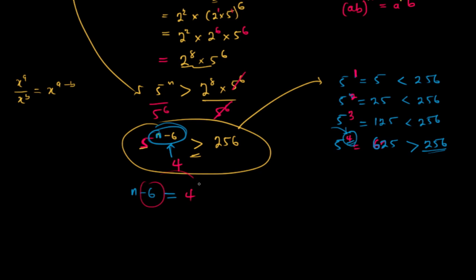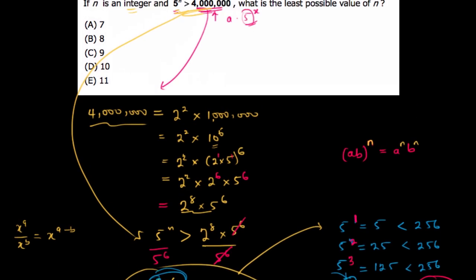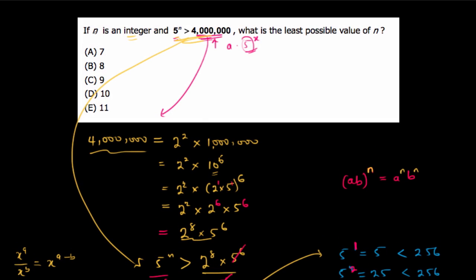To solve this, you bring the 6 over, so n equals 6 plus 4, which is 10. That implies that 10 is the least positive integer such that what you have here will be greater than 256. So our answer, n, must be 10, and that completes the problem. Thanks for watching.